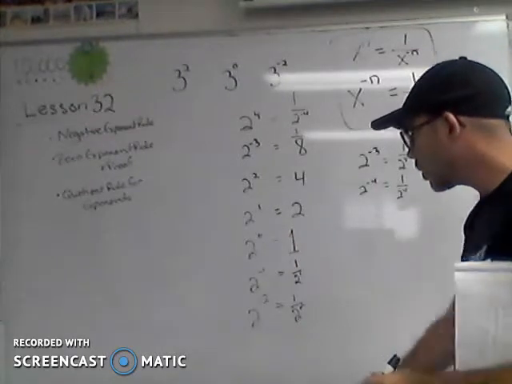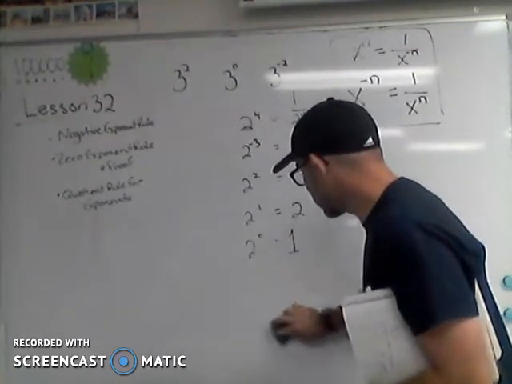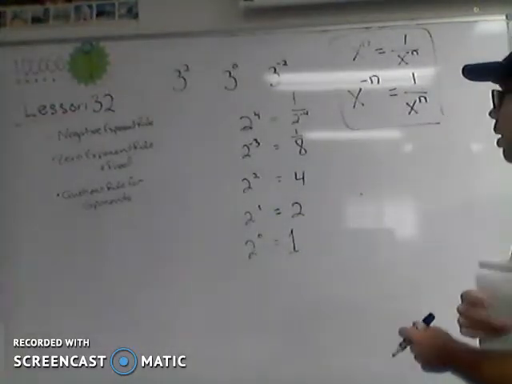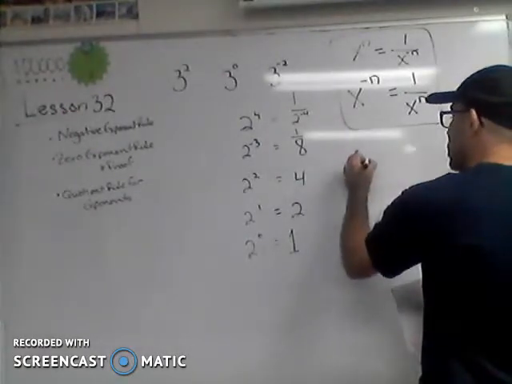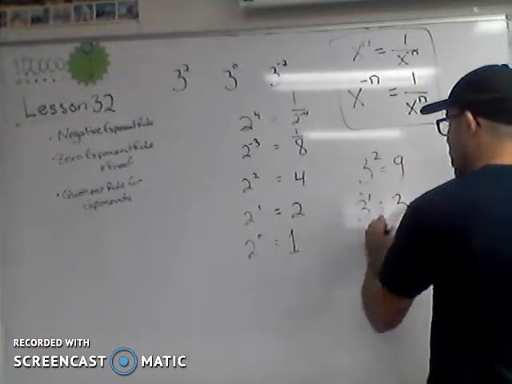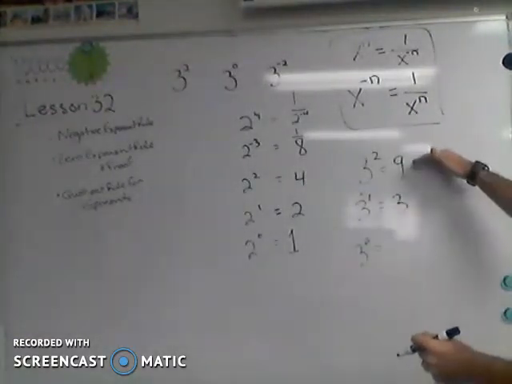We can go down and we can get to negatives. Now, when we got here, we stopped and we said, well, 2 to the 0 equals 1. What if we were doing 3's? Well, 3 squared is 9, and 3 to the 1 is 3, and 3 to the 0 is... well, the pattern would have been the same thing.